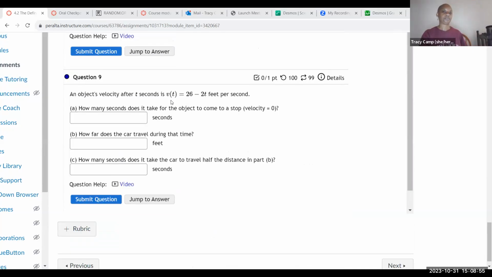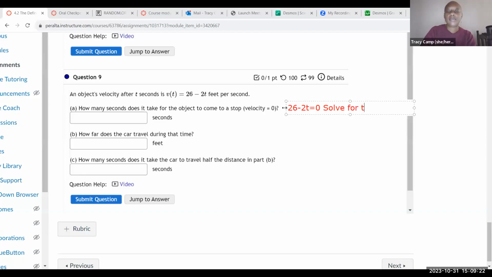And part A is asking you when the velocity is 0. So part A is not using any calculus or anything. It's just asking you to take 26 minus 2t, what they give us as the velocity, find out when this equals 0, solve for t. That's what that part's asking us to do.